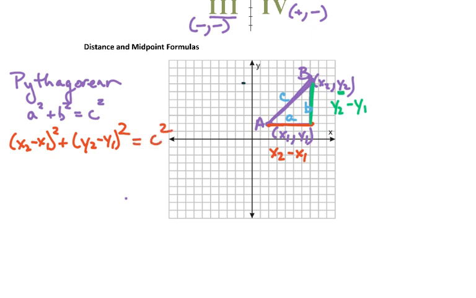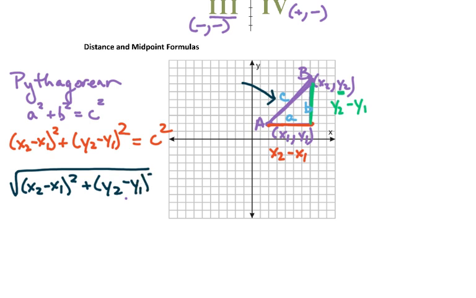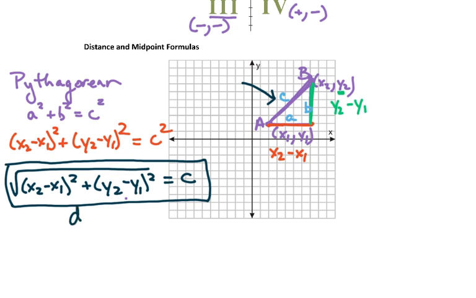Our goal is to find the hypotenuse, or just c by itself, so we're going to take the square root of both sides. That gives us the square root of (x2 minus x1) all squared plus (y2 minus y1) all squared, and that's equal to c. And that is our distance formula.